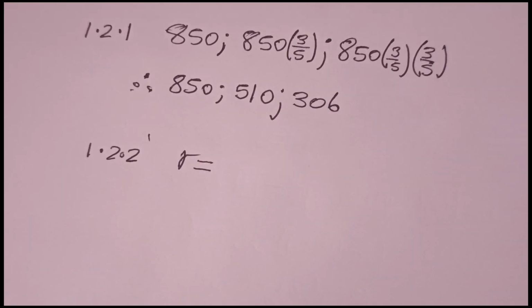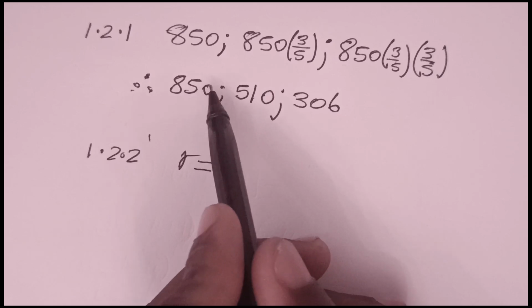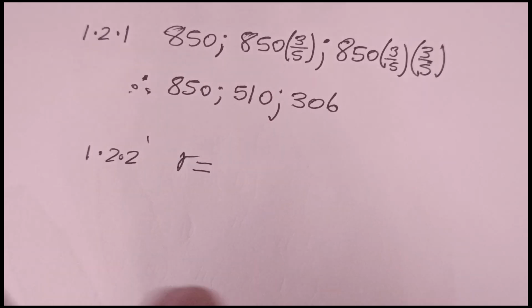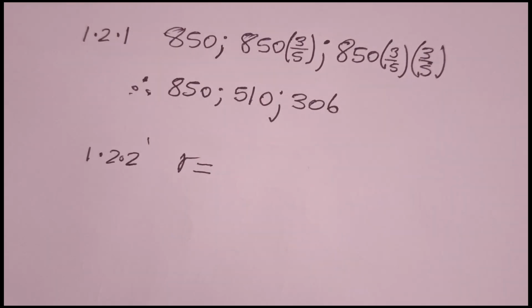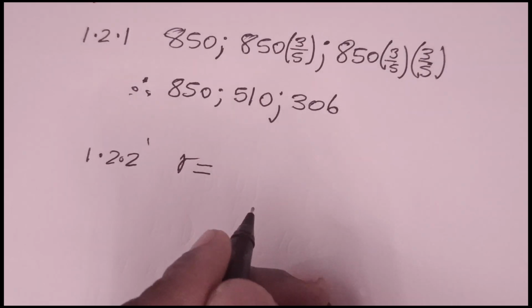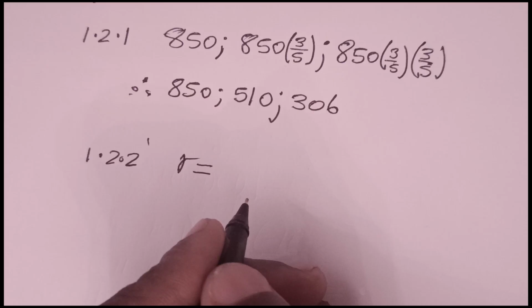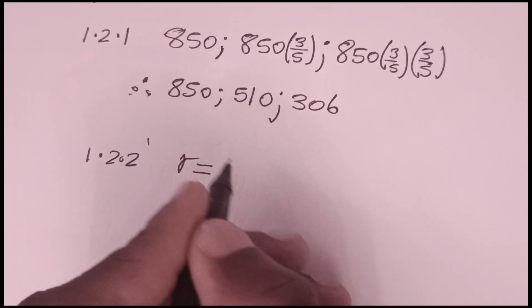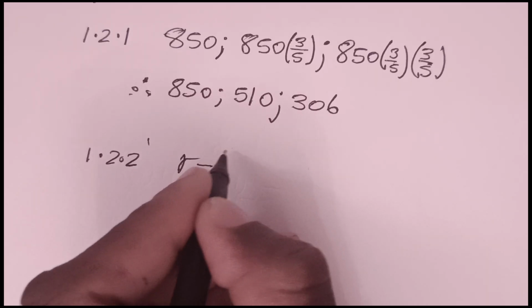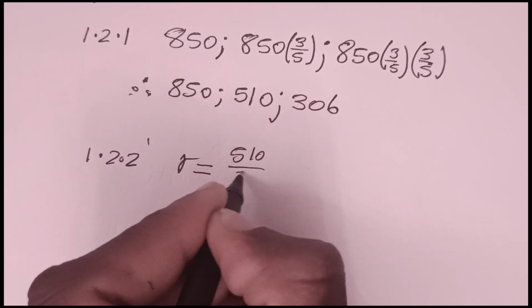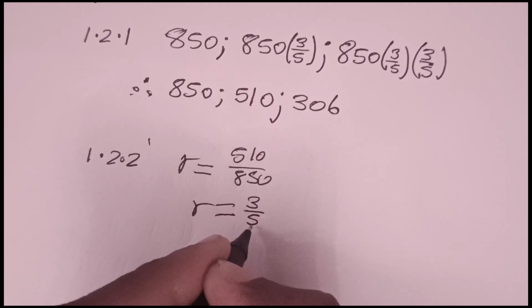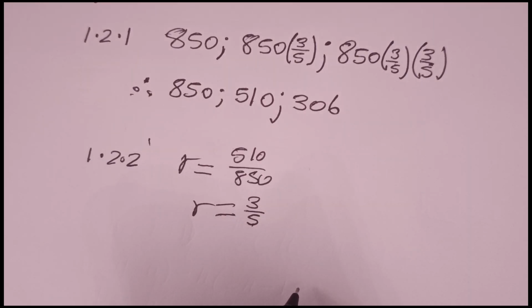It's a geometric sequence, so you don't have to prove that T2 over T1 is equal to R. You can just use the fact that T2 over T1 is R because you are being told it forms a geometric sequence. So you can just write 3 over 5, or I would just say this is 510 over 850, which is actually 3 over 5, if you are panicking.